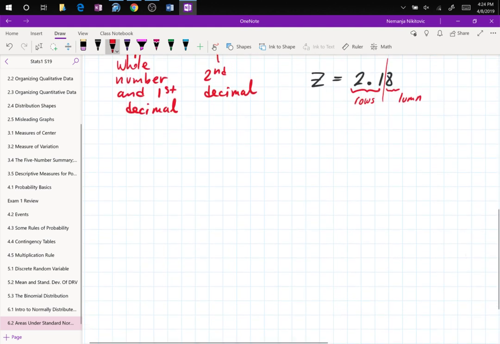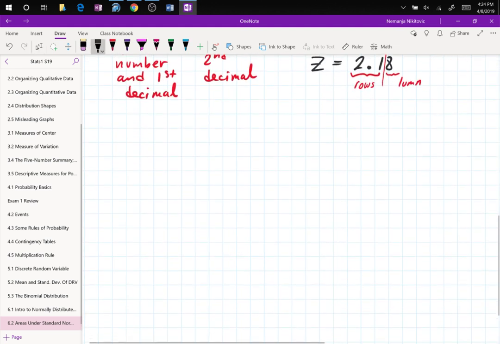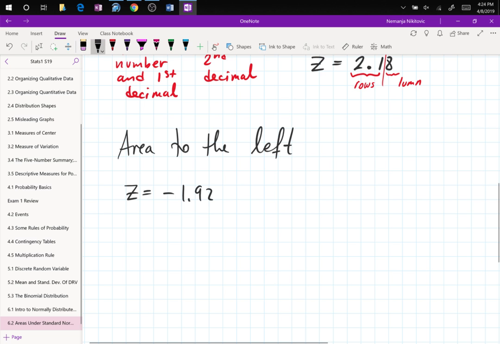So let's jump into first giving these area to the left, and we said the z-score of negative 1.92 gave the area of 0.0274 when we looked at the chart. Z-score of 2.36 gave us the area of 0.9909.